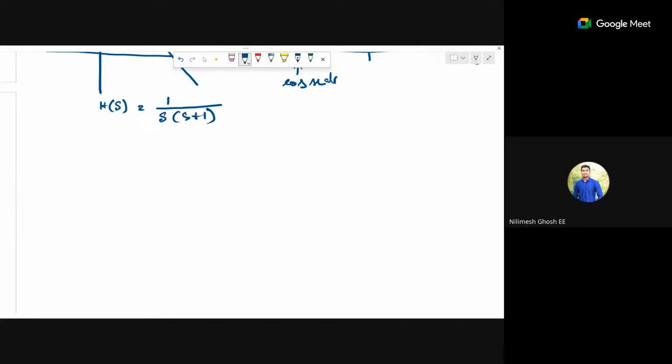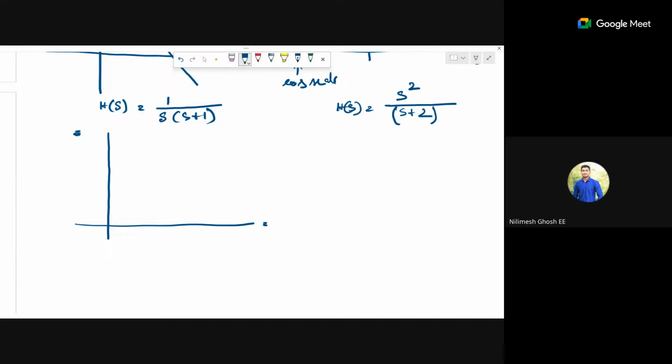And let's also take H(s) equal to s by something, let's say s squared by (s plus 2). Now what will be the Bode plot of this one? This is 20 log of the magnitude against log omega. I am not marking the axes.